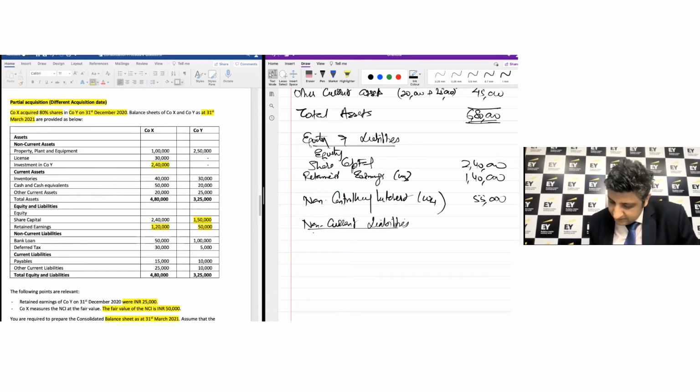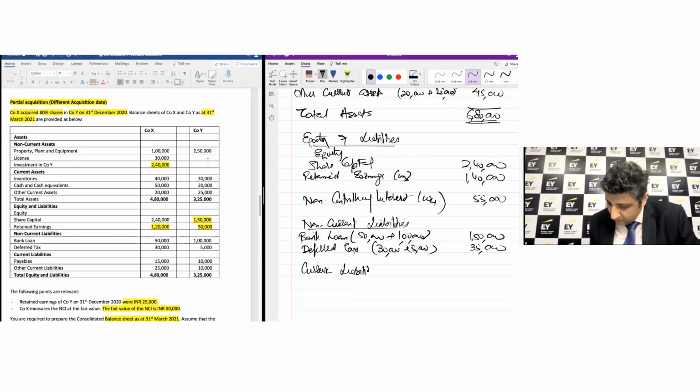Okay, and then we have non-current liabilities. Okay, bank loan, simple numbers, 50 plus 100, 1,50,000. Okay, deferred tax, which is 30 plus 5, that is 35,000. Okay, and then we have current liabilities as well.